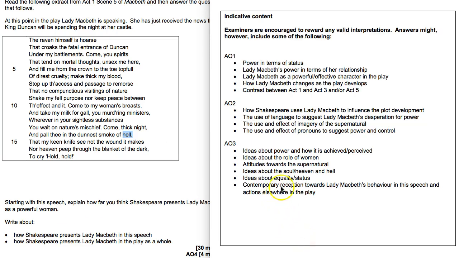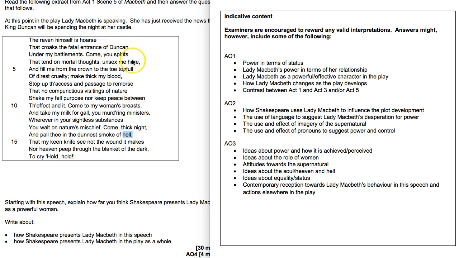And the easiest way to do that is to write about how people would have interpreted it at the time, or writing about Shakespeare's viewpoint. And so, actually, although context is only marked for 6 marks, it allows you to write about AO1 and AO2 in much more depth. So ideas about how power is achieved or perceived, here we could start linking it to the patriarchal society again.